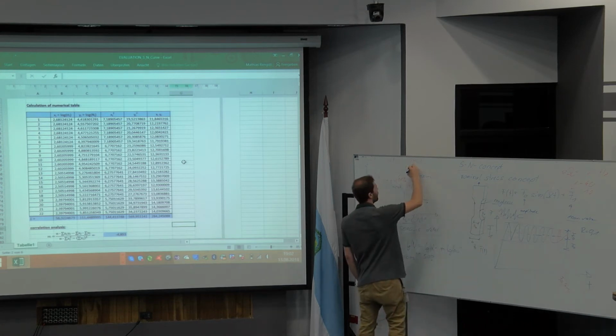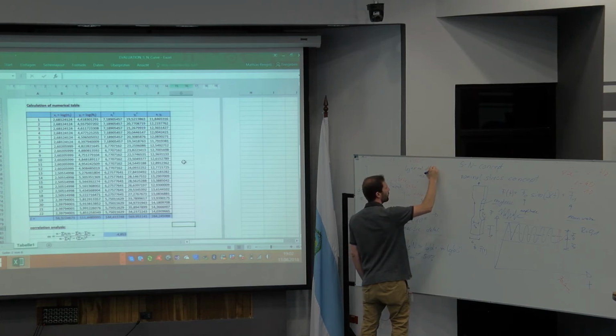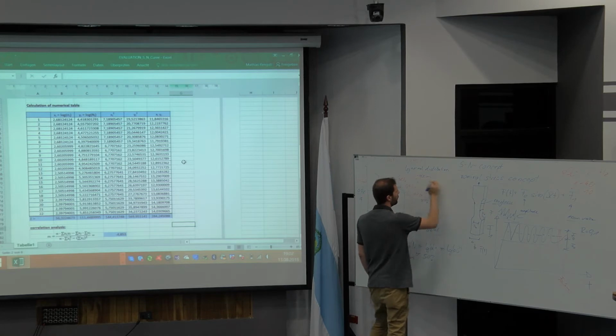This is the log normal distribution. And so I have here the mean value and the standard deviation.